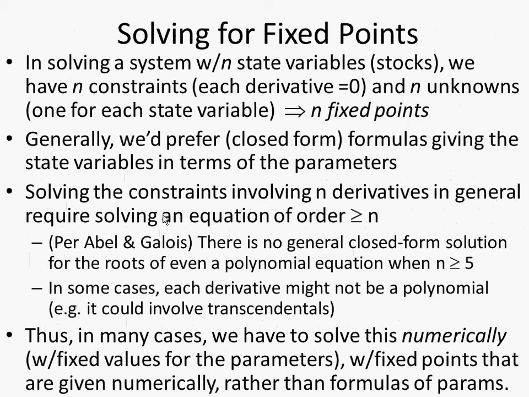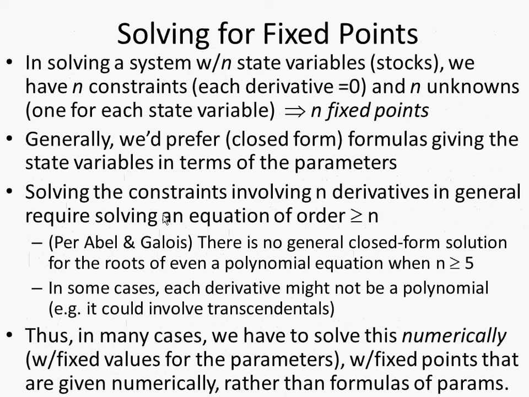If we want to solve a system for fixed points, if we have a system with n state variables, we have typically n constraints, 1 for each derivative. So we have dS/dt equals 0. That's 1 constraint for the S variable, and we're going to have n constraints and n unknowns, and we'll typically have n fixed points. Okay, it's actually not always true because of certain issues.